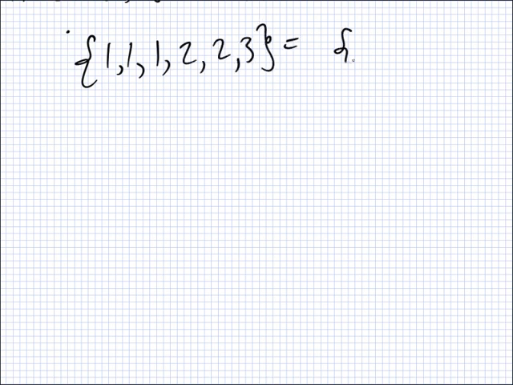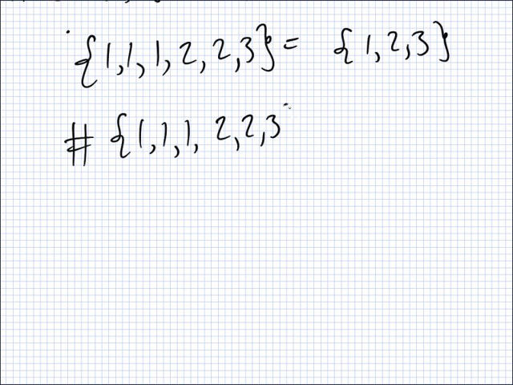So 1, 1, 1, 2, 2, 3. That's the same as 1, 2, 3. And the size of 1, 1, 1, 2, 2, 3 is the same as the size of 1, 2, 3. Is that what you're asking me?